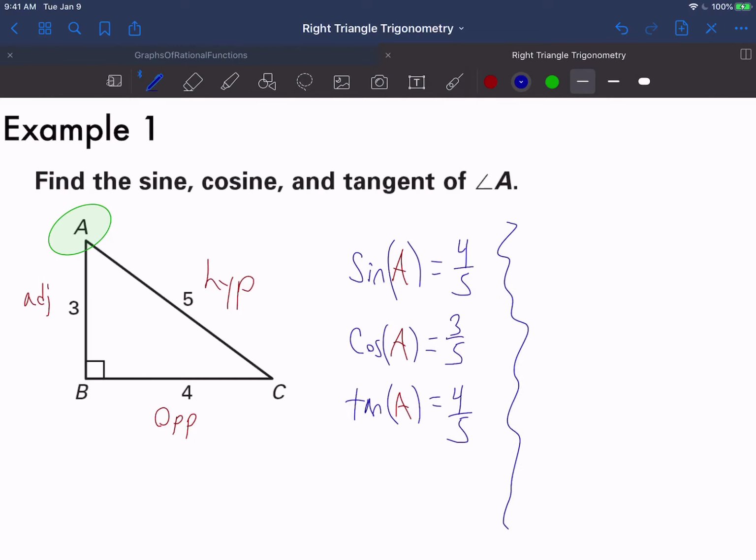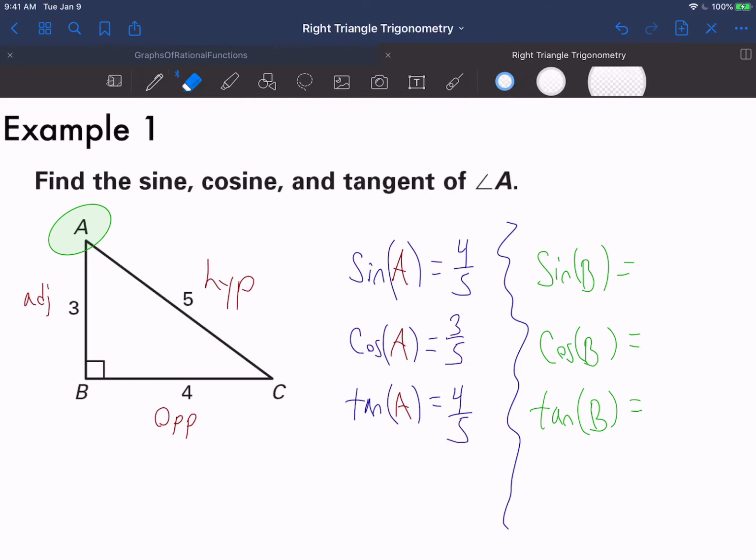What if they said, find the sine, cosine, and tangent of angle B? So I would ask you now to pause the video and relabel the diagram.